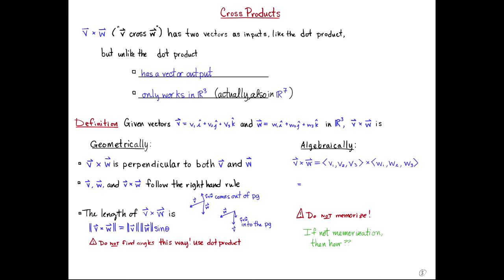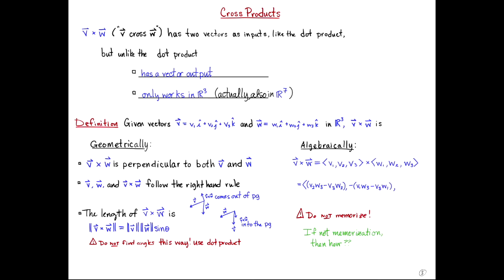Speaking of finding the cross product, algebraically, V cross W is equal to the vector. In the x component, we have V2 times W3 minus V3 times W2. In the y component, we have a negative V1 times W3 minus V3 times W1.